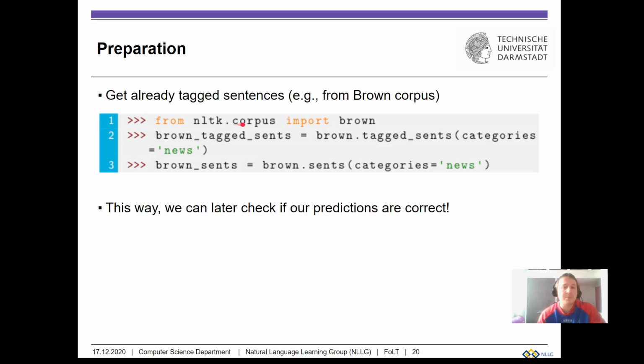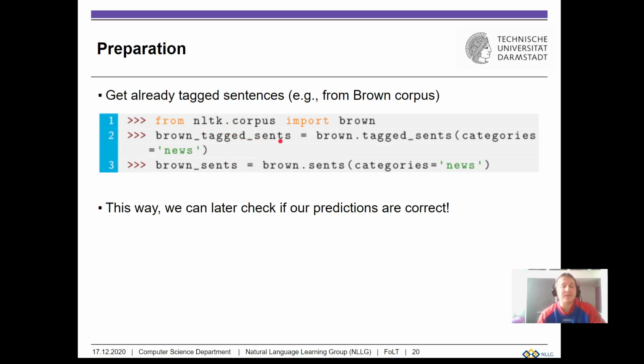So we import the Brown corpus from NLTK, and we apply the method tagged_sents and go for the news subcorpus of the Brown corpus to get the tagged sentences, and then we further get only the sentences without part of speech labels, which are just the standard Brown sentences.